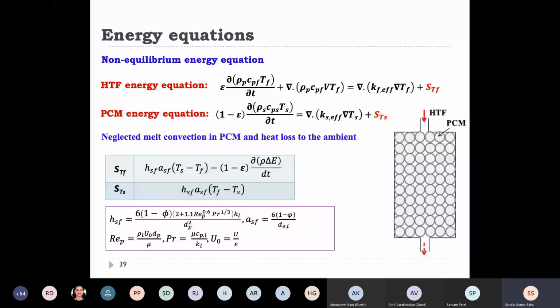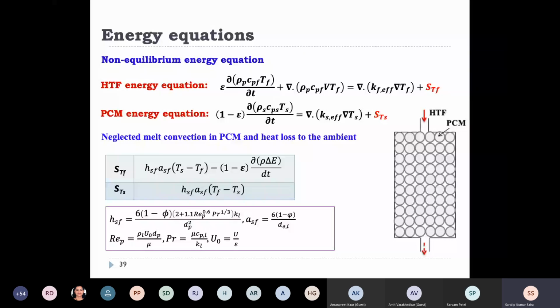Because if the thermal conductivity of the PCM is significantly different from the thermal conductivity of the HTF or the metal matrix, then there will be no thermal equilibrium between them. This means that the temperature of the metal matrix will not be the same as the temperature of the PCM, because the thermal conductivity of the PCM is different compared to that of the metal matrix.